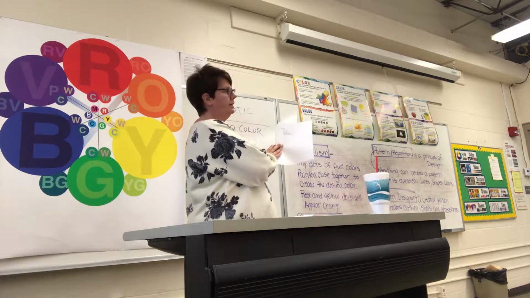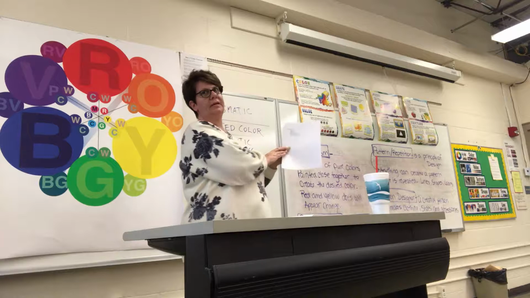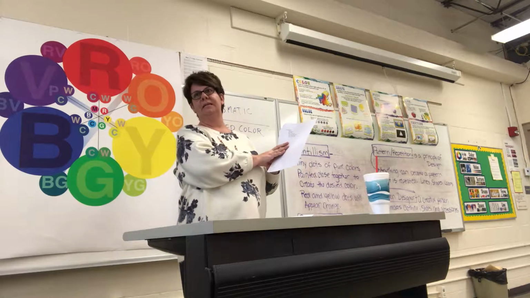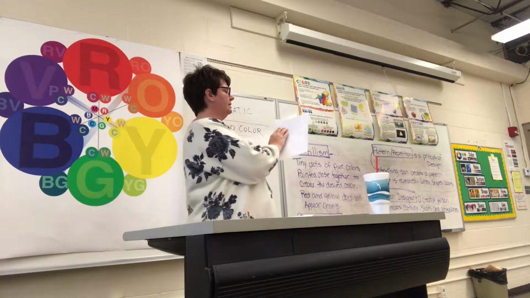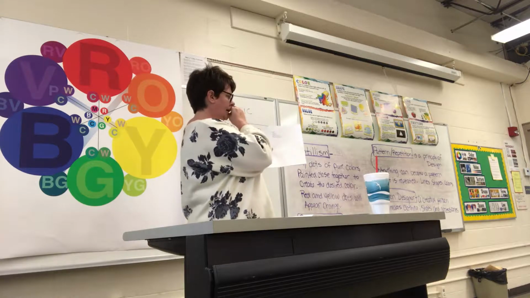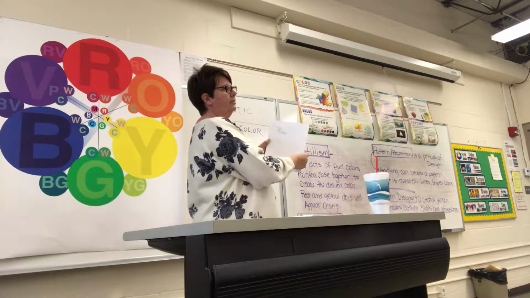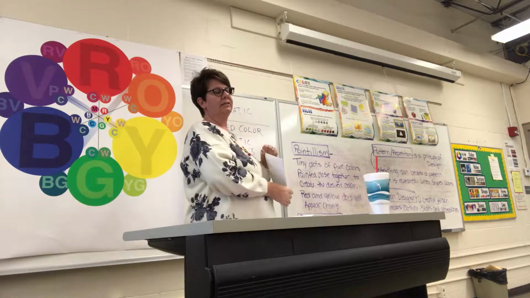Their drawing ability, painting, mixing colors, following directions, putting their name on the back. You could grade them on neatness. So you can decide what you want to grade them on. But this is an example of what your lesson plans can look like.